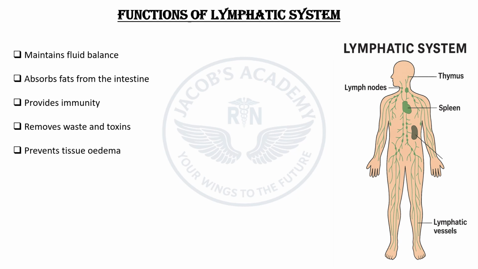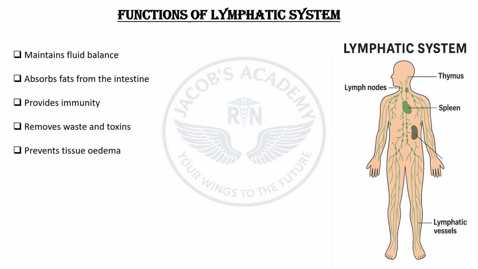Another important function is providing immunity. The lymphatic system produces and transports lymphocytes which help the body fight against infections. The second last one, the lymphatic system also helps in removing waste products and toxins from the tissues by filtering lymph through lymph nodes.